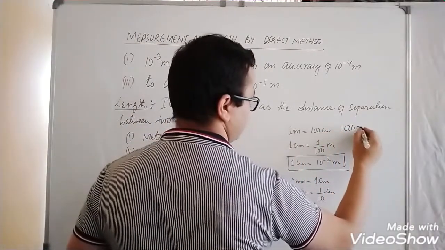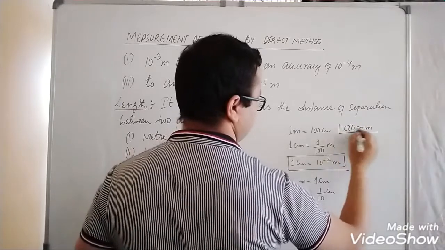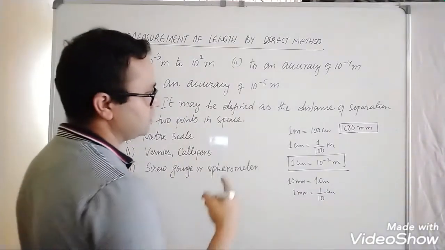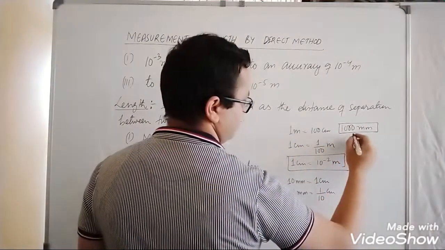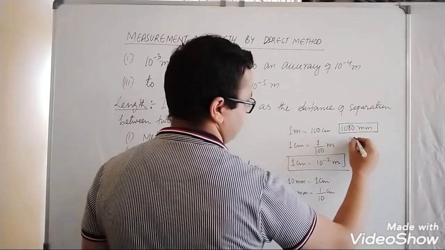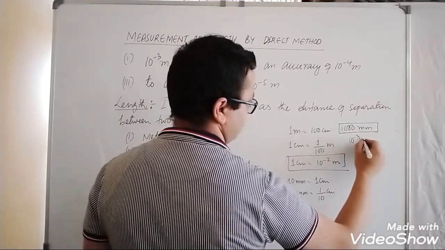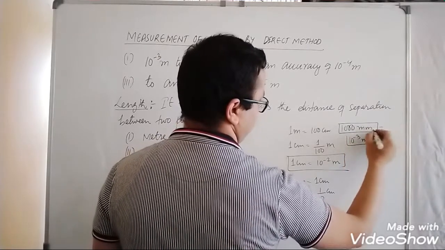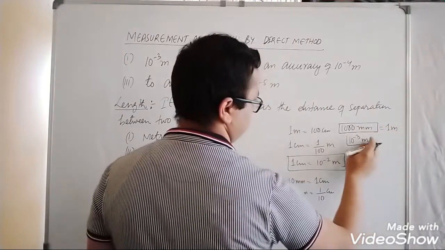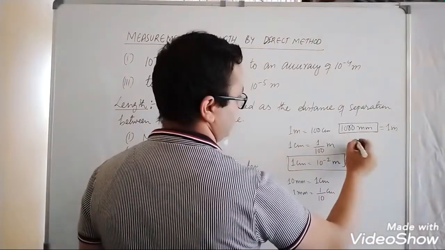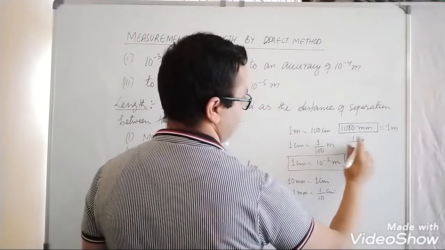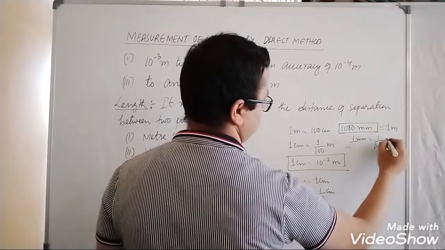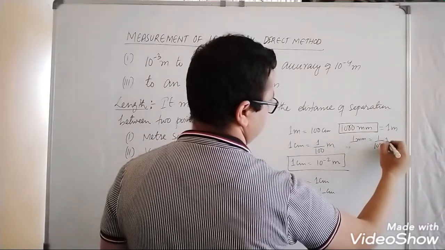So 1000 millimeters make 1 meter. So 1 millimeter means 1 by 1000 meter.